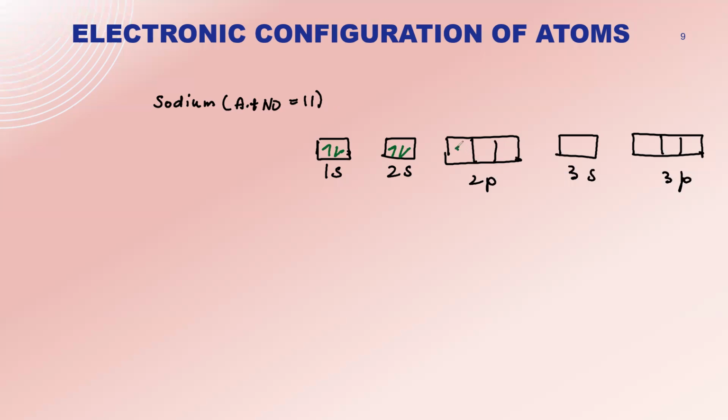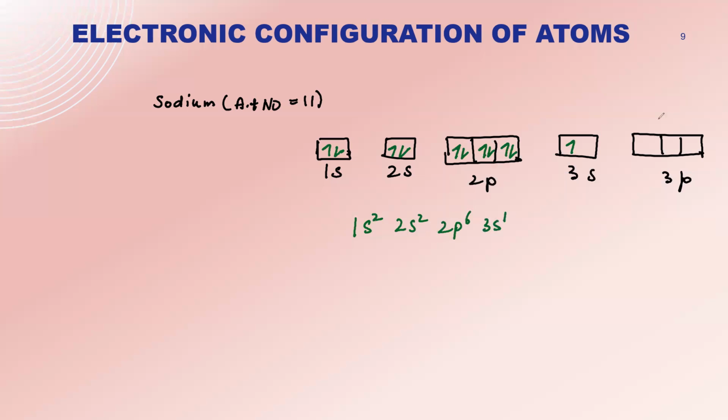Applying the rules, they are singly filled first. Then the pairing starts, so pairing them up. And last, just one more electron left. So like this. So what is the electronic configuration? 1s2, 2s2, 2p6, 3s1.